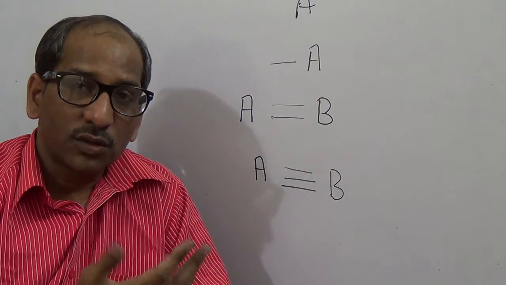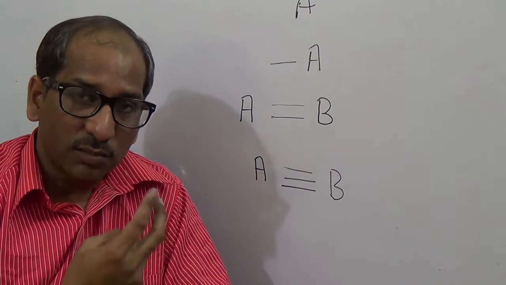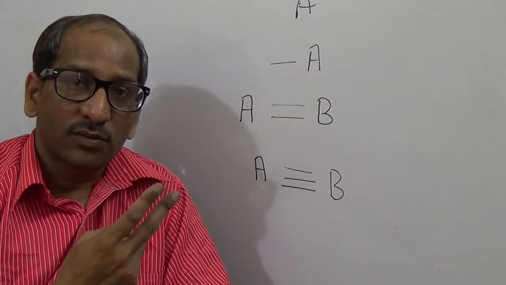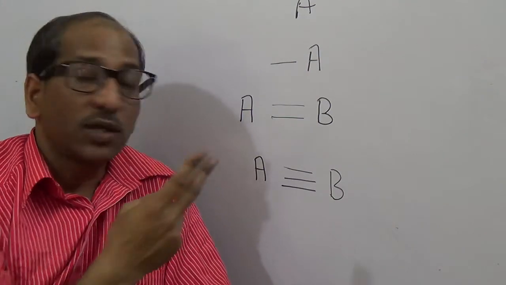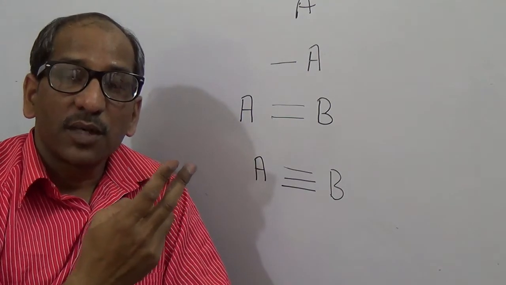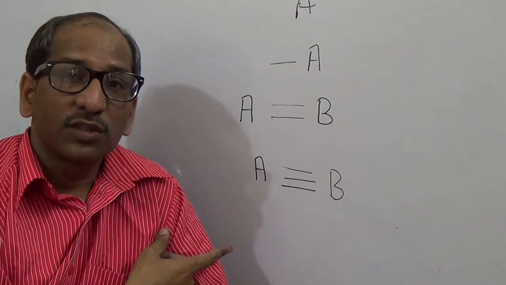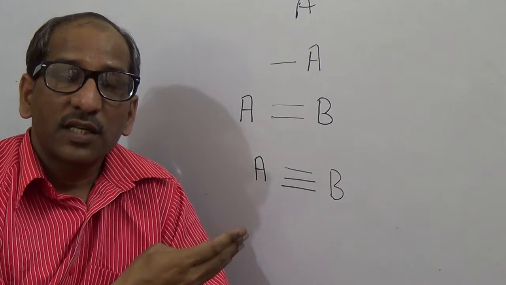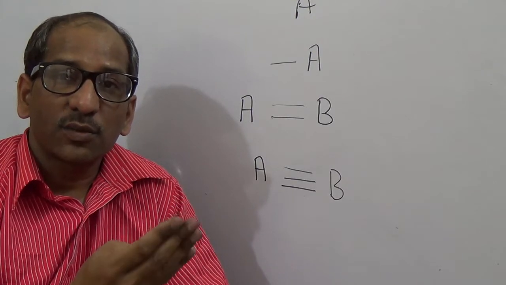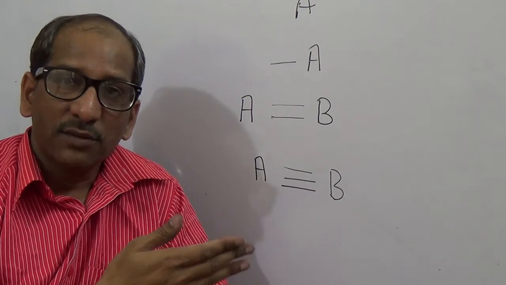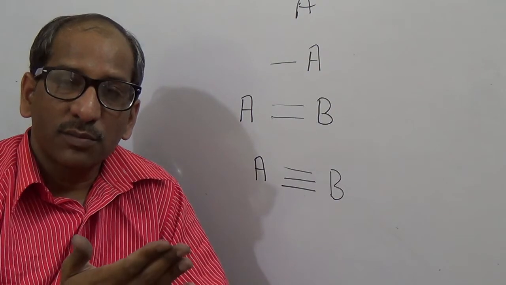This is not true in general, but mathematically these two lines are making them equal. And when I use these three lines, they say that A is equivalent to B. A has the same property as B.